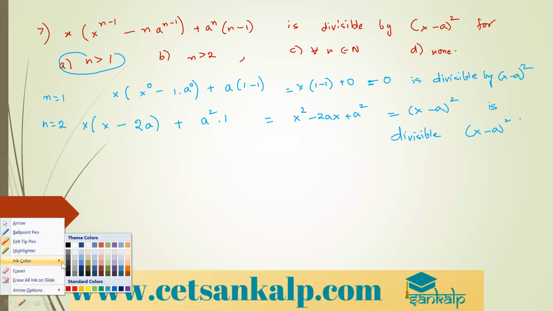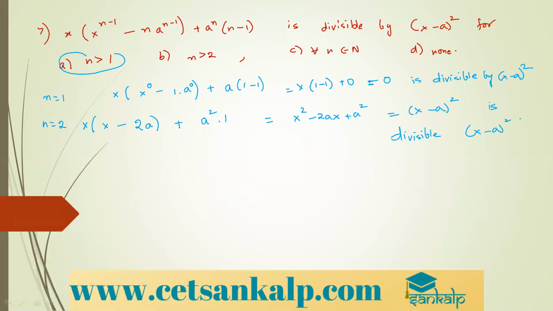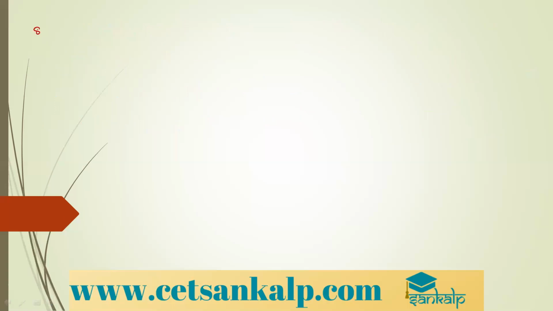Next is question number 8. If n is a positive integer, so n is any positive integer, then 2 into 7 power n plus 3 into 5 power n minus 5 is divisible by which number?